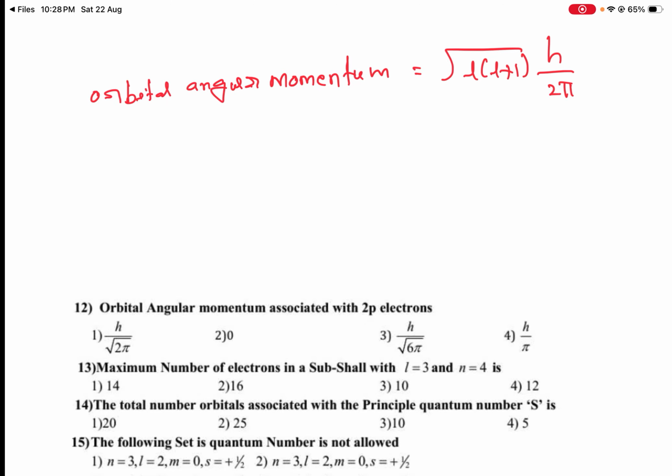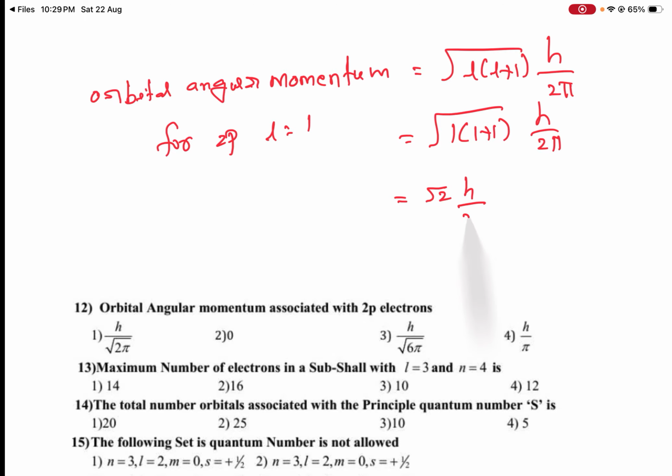Here they have given 2p electrons. For 2p, L is equal to 1. For a p orbital, L is equal to 1. Substitute 1 instead of L: root of 1 into 1 plus 1, h by 2 pi. So this is equal to root 2 into h by 2 pi.